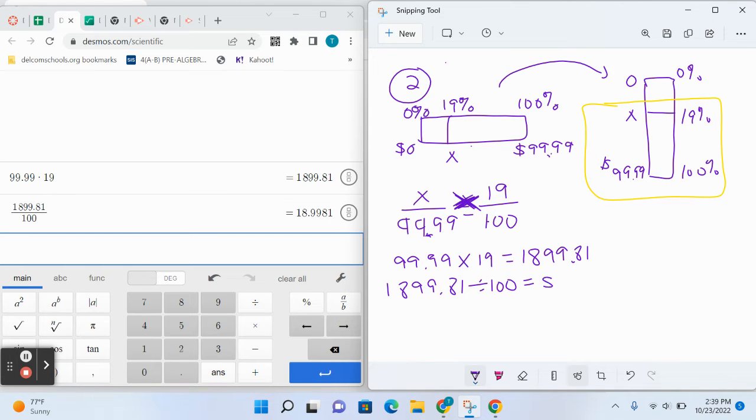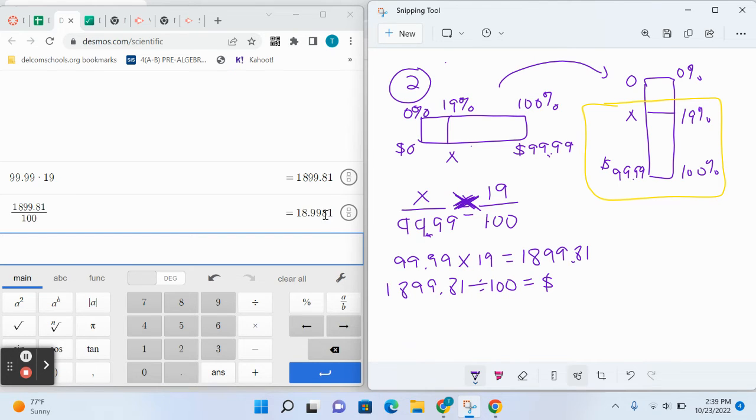But we're going to round that to the penny. Now think about this, guys. If this was rounded to the penny, it would either be $18.99, or we would have to round it up to $19 based on that 8 that follows the hundredths place.